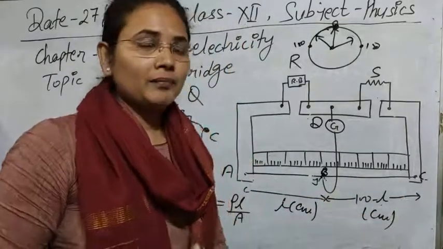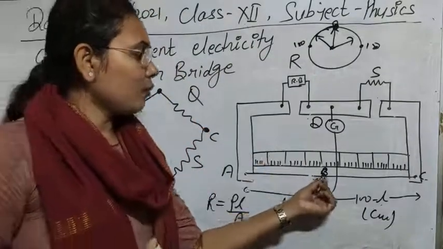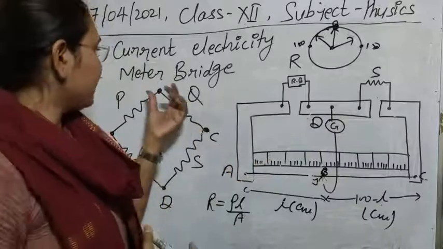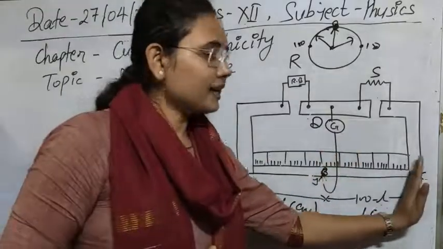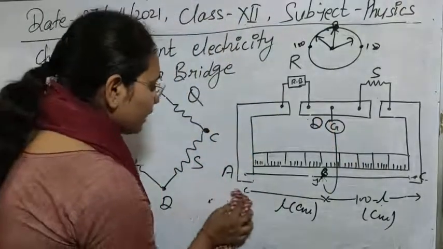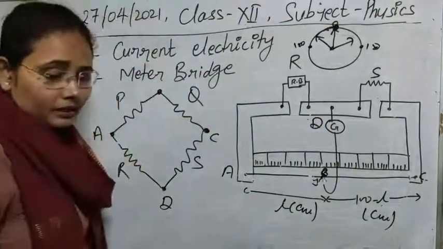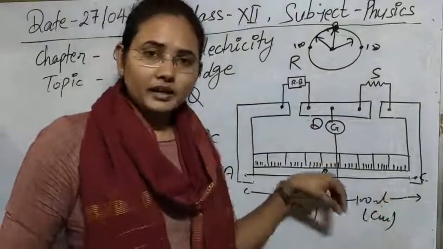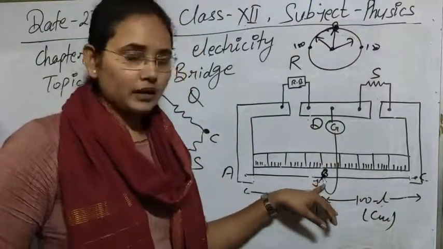We are dividing the wire by detecting null points, so that the left side of the null point is behaving like P, and the right side wire is behaving like Q. In this case we are not connecting any extra resistance here. Only by using this wire we are detecting the null point.